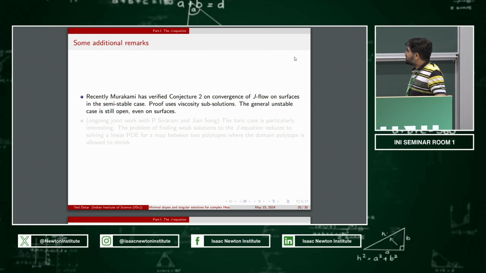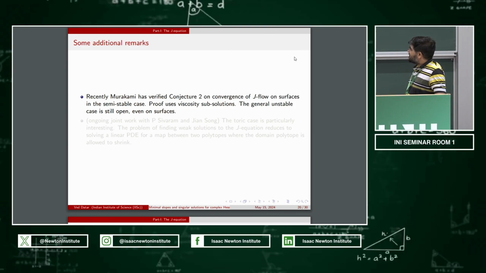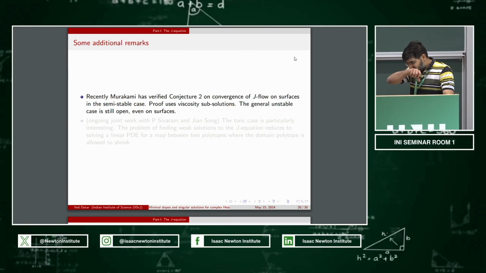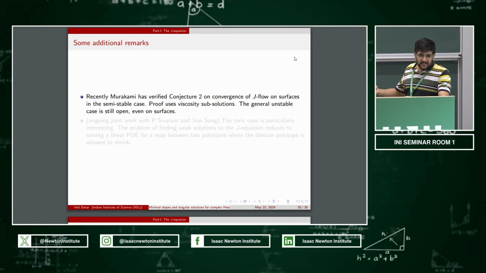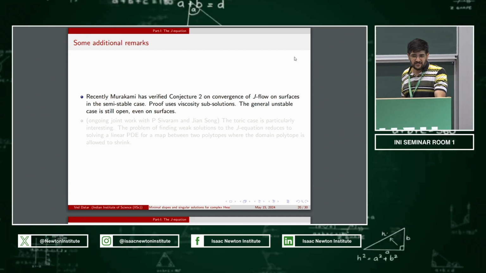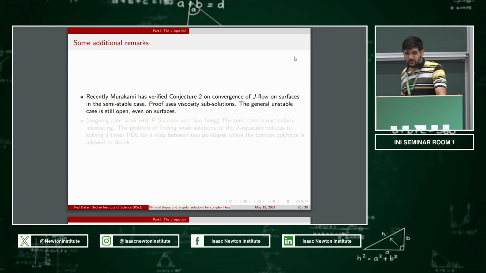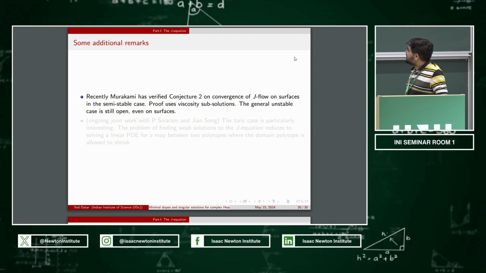It uses viscosity subsolutions, but it still seems like the general unstable case is still open even on surfaces, because he crucially uses the J functional in his proof, and in the unstable case the J functional is not that useful because it blows up, it goes to -infinity.